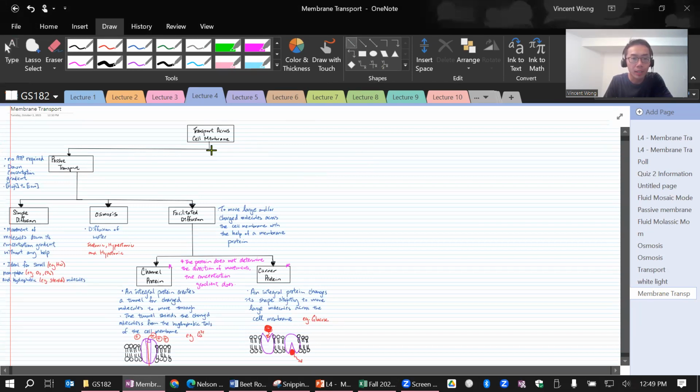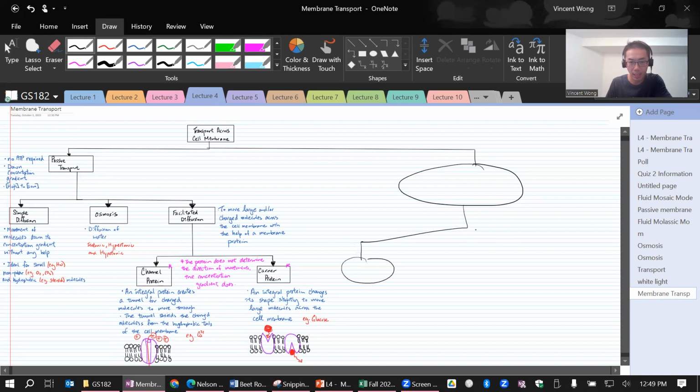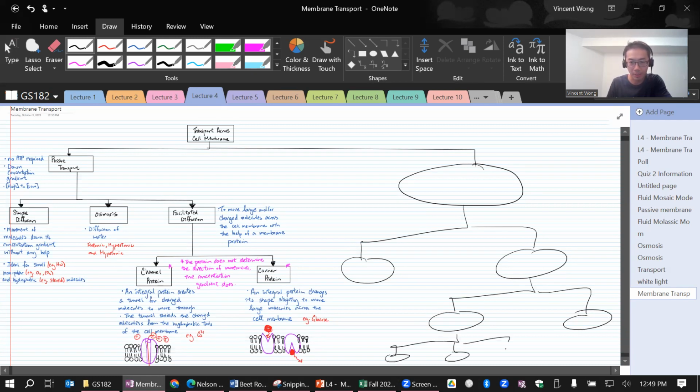So we're gonna go over here. For those of you who are planning ahead for space, we're gonna have active transport here, and then we're gonna have one type here, another type here, and another type here, and then we're gonna have 3 types here.